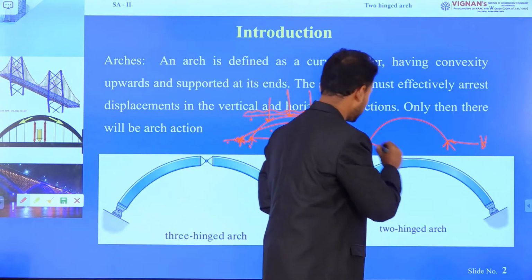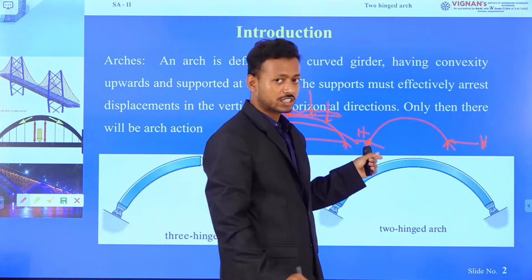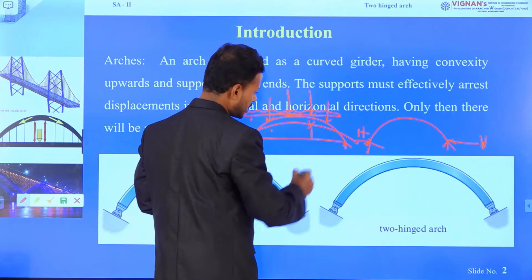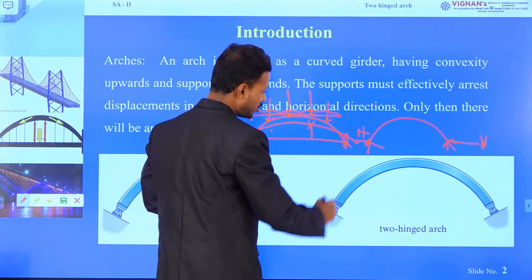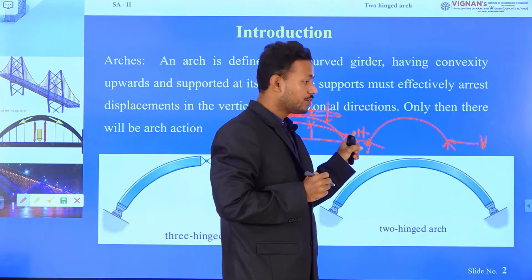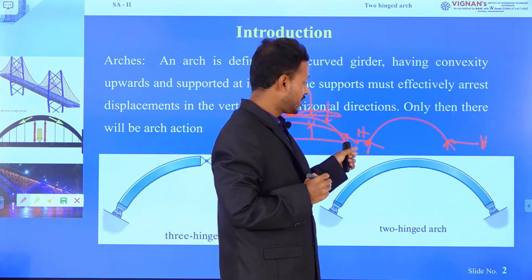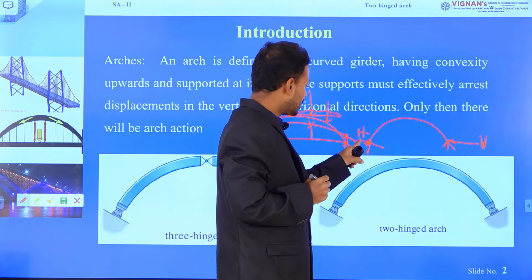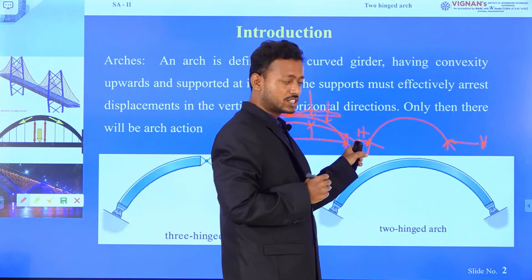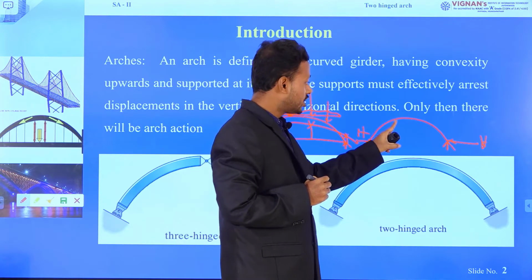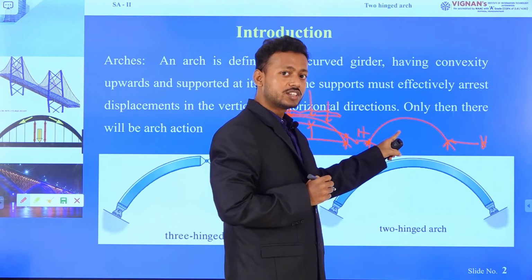As the girder has sufficient horizontal thrust, it cannot spread, it cannot deflect, it cannot move anywhere. As the supports are fixed or hinge support, and the supports are subjected to horizontal thrust, it cannot move from its initial position, it cannot deflect from its original shape.